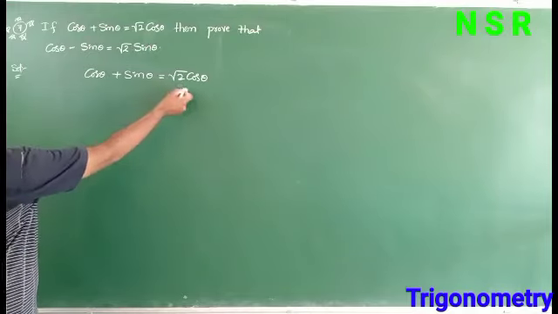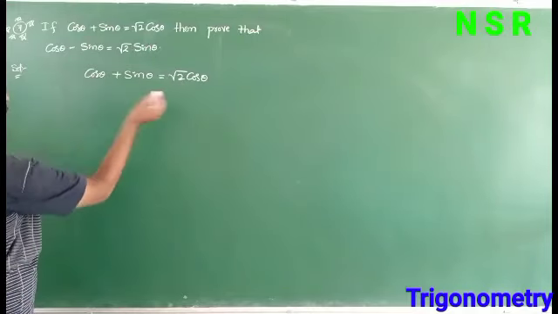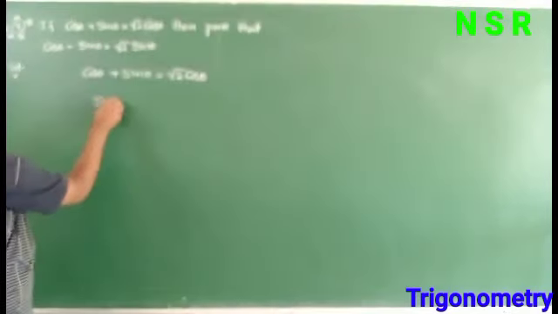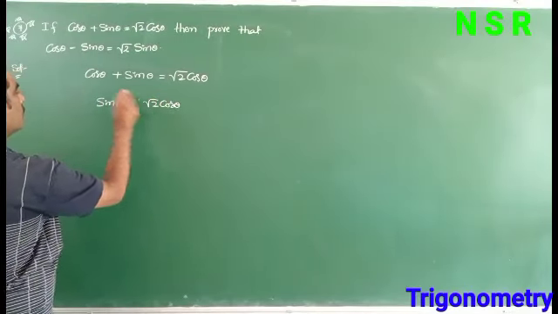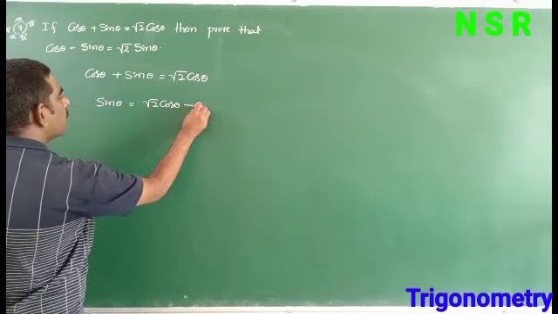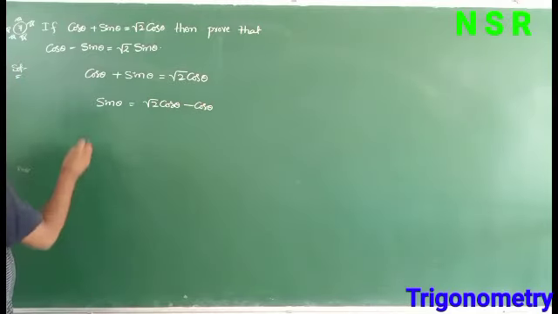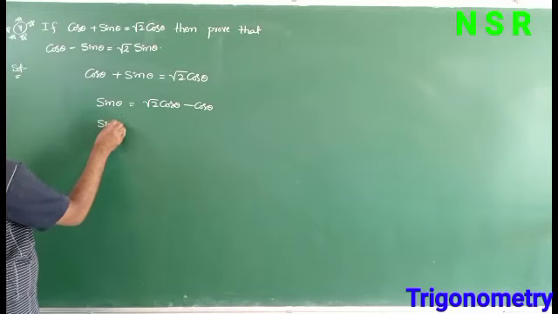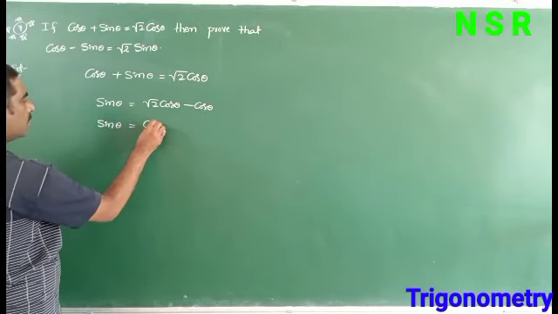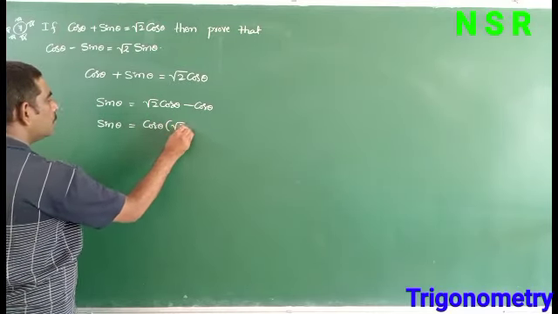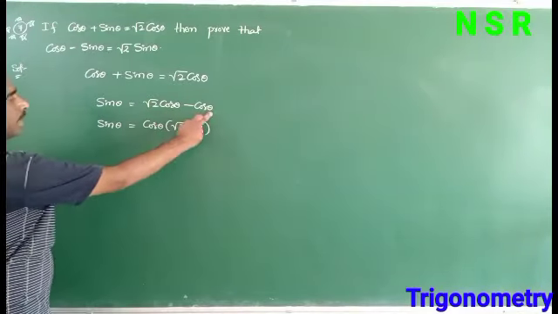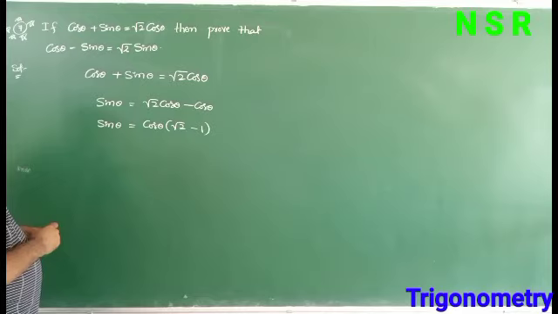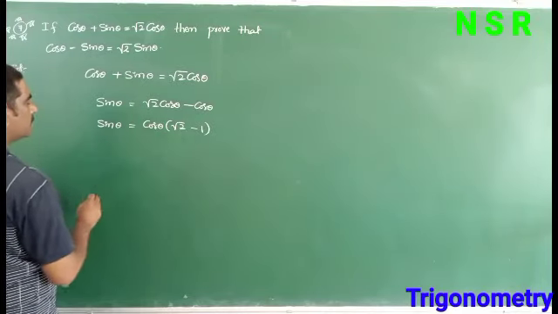So here root 2 cos theta is there, this cos theta move that side. So we get sin theta equal to root 2 cos theta minus cos theta. Now sin theta equal to, take cos theta common here, we get root 2 minus 1.